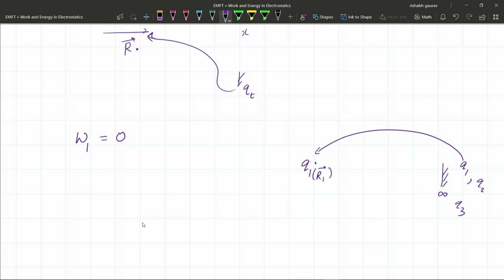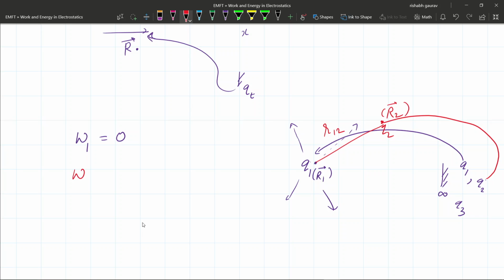Now let's say this charge is placed in space. Now this charge will produce its own electric field in space, and corresponding to which there will be some potential in space. Suppose now we want to bring point charge Q2 to the position R2, and the distance between Q1 and Q2 is given by R12.